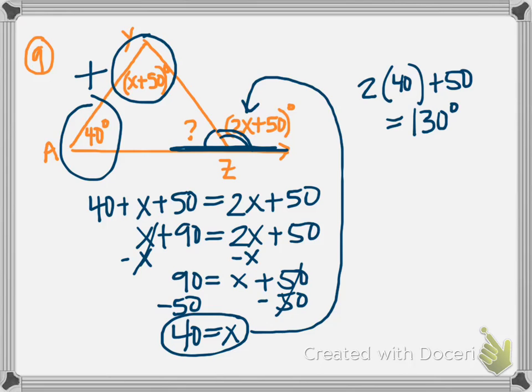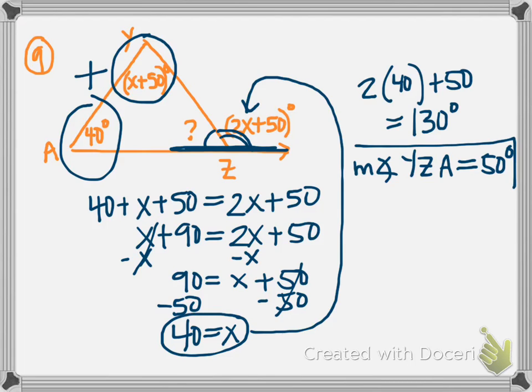That's the exterior angle. So the angle next to it with the question mark, the measure of angle YZA, is equal to 180 minus the 130, which is 50 degrees. And that's the measure of that angle.